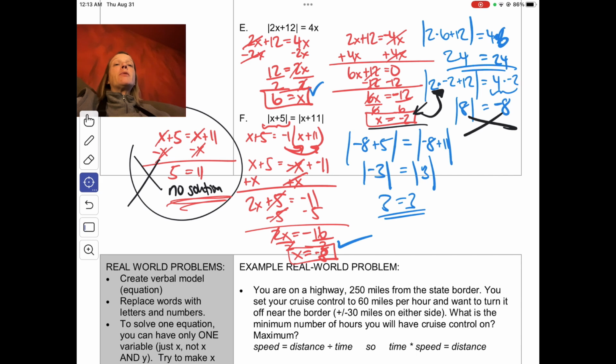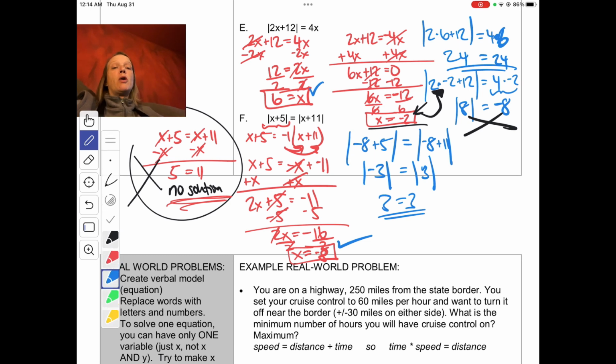And similarly with question F, we had x appearing twice in the equation, and one of our solutions or one of our branches of reasoning turned out not to be valid. So be extra aware and alert when x appears more than once in an equation. Let's look at a real world example now and see how to approach a problem like that.